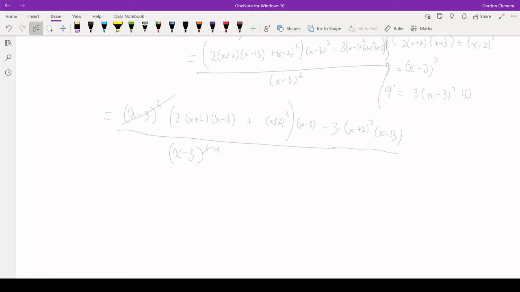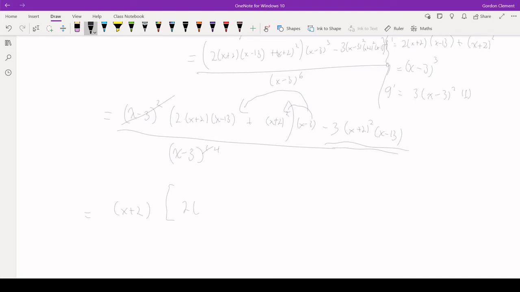Now, be not afraid. So if you think about this as 2 separate terms, so it's kind of like (x minus 3) times that and (x minus 3) times that, and then there's this third term over here, you'll see that all of those 3 terms have an (x plus 2), so we can factor out an (x plus 2).